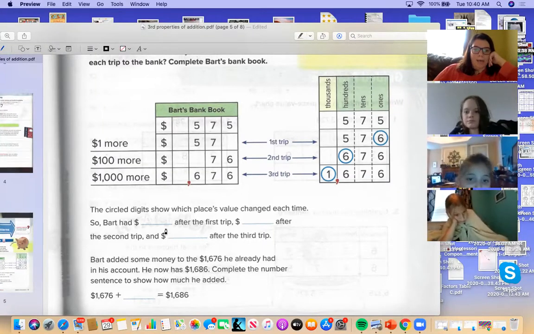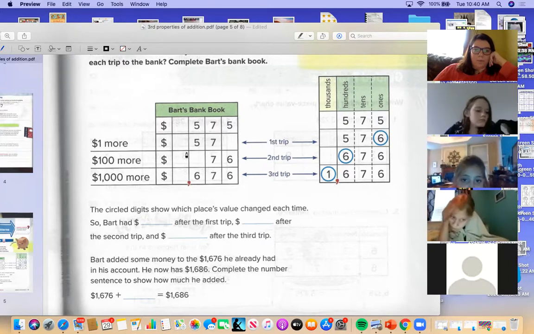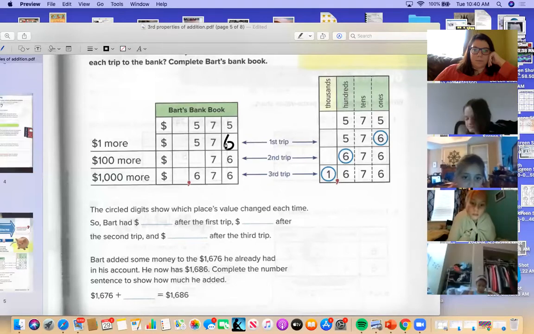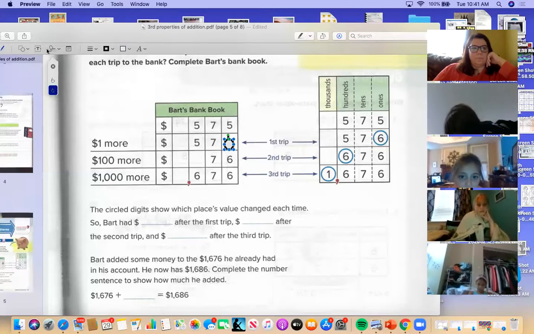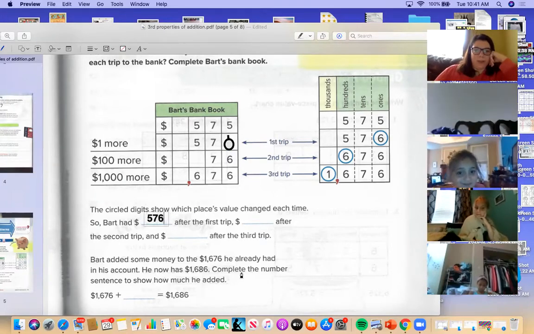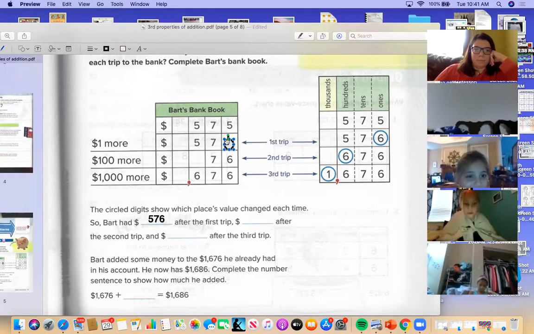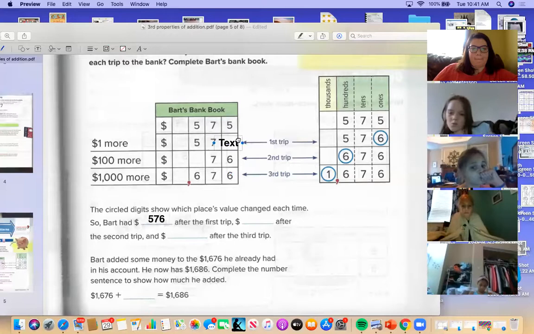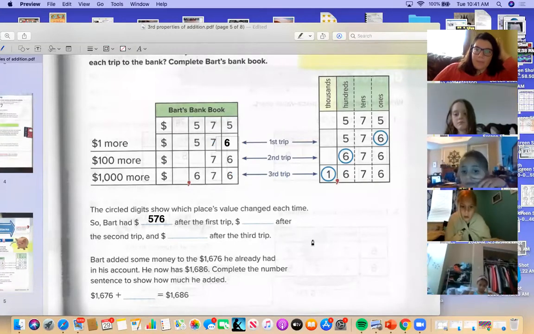So Bart had $576 after his first trip. Just bear with me, this looks a little funny.